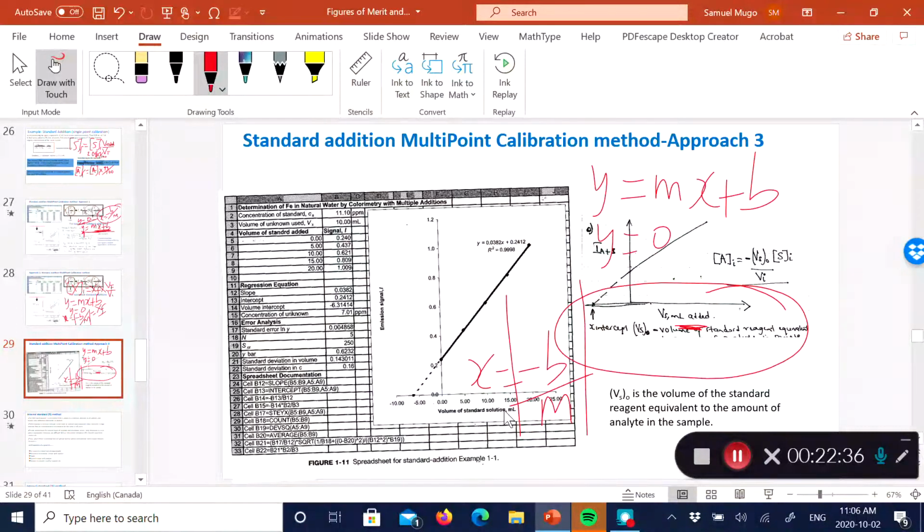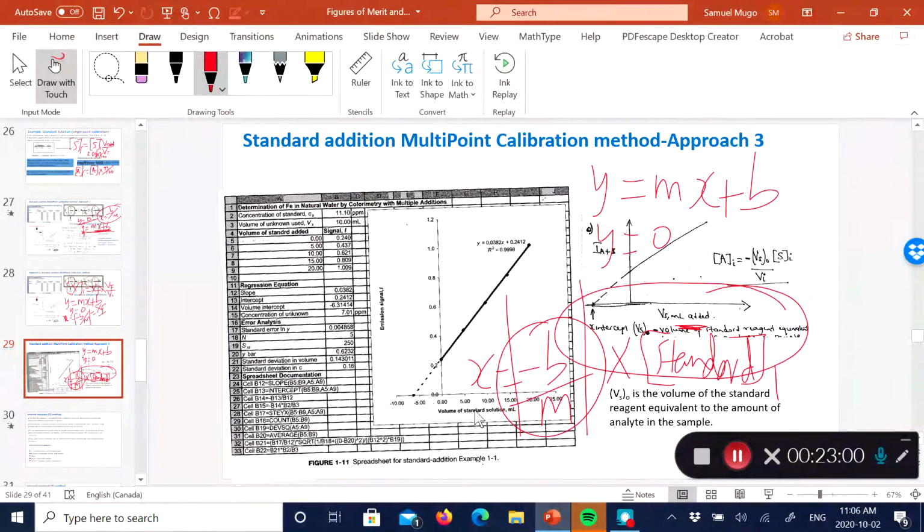So how do you get the concentration in units of concentration such as ppm? What you do is you take this number in volume units multiplied by the concentration of the standard that was spiked in each of the volumetric flasks.